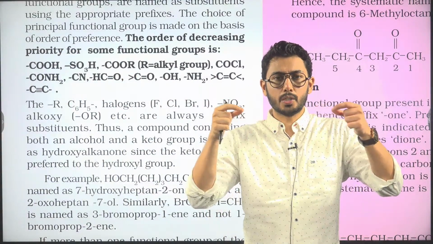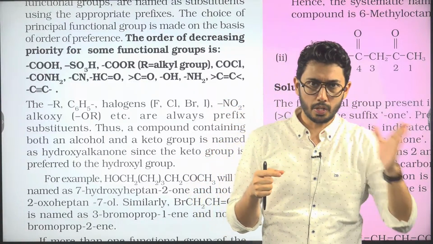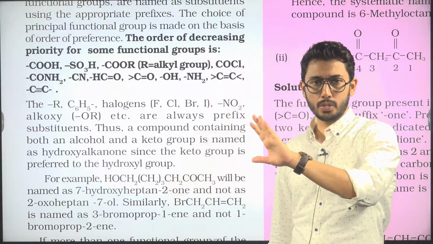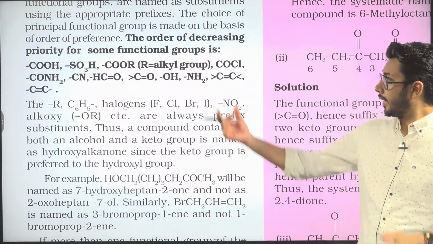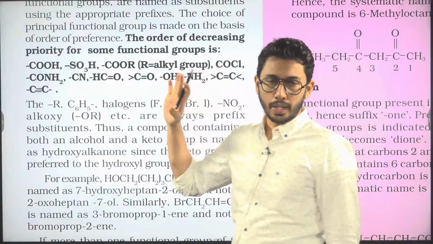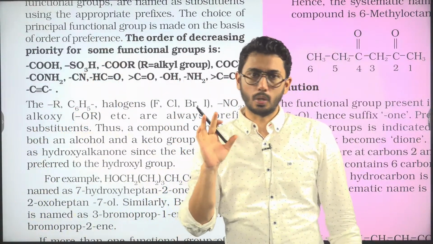If multiple functional groups are there, then out of them one has to be the senior functional group, which is the secondary suffix. The other functional groups become prefixes. So that learning is required for the seniority order. Clear? Then only can we solve polyfunctional group questions.